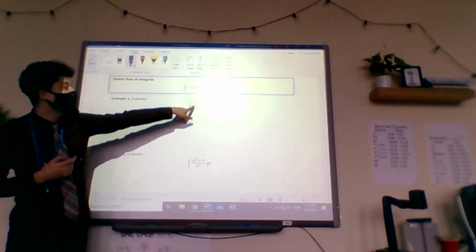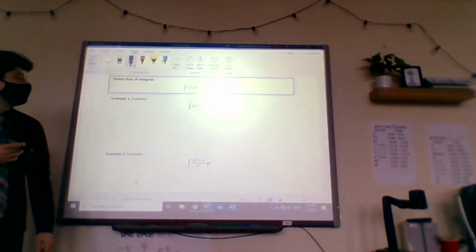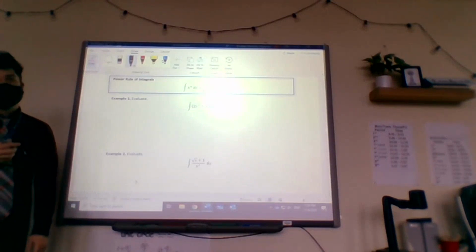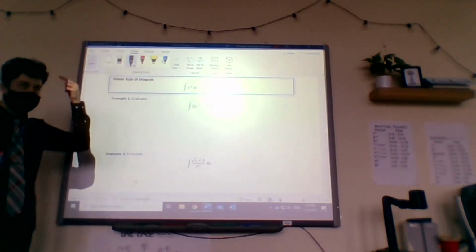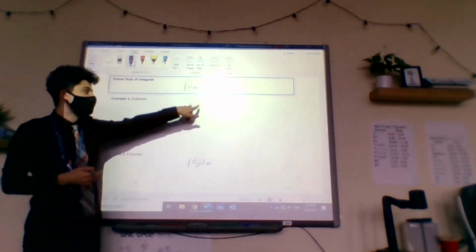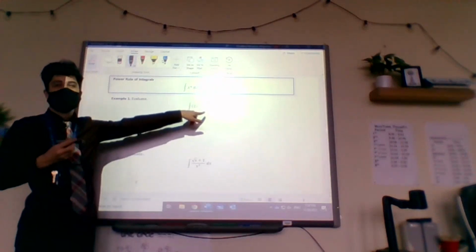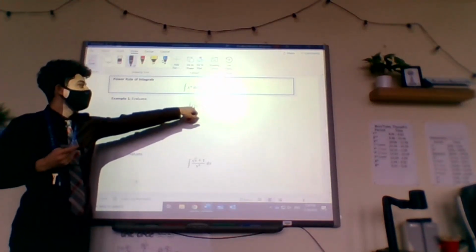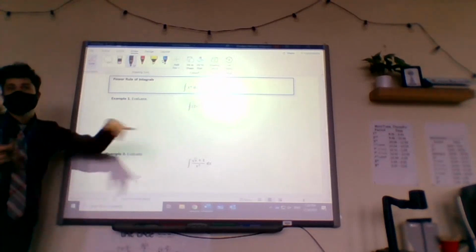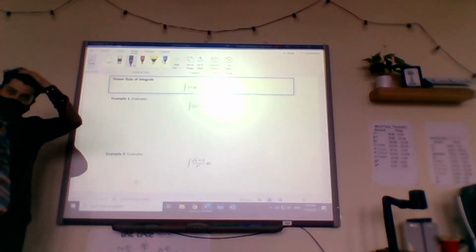If I'm trying to take the antiderivative of 2x squared plus 1, you've got to think in your brain, what did I have to take the derivative of to get 2x squared plus 1? So what about this? Let's just talk about the 2x squared. What did I have to take the derivative of to get 2x squared?